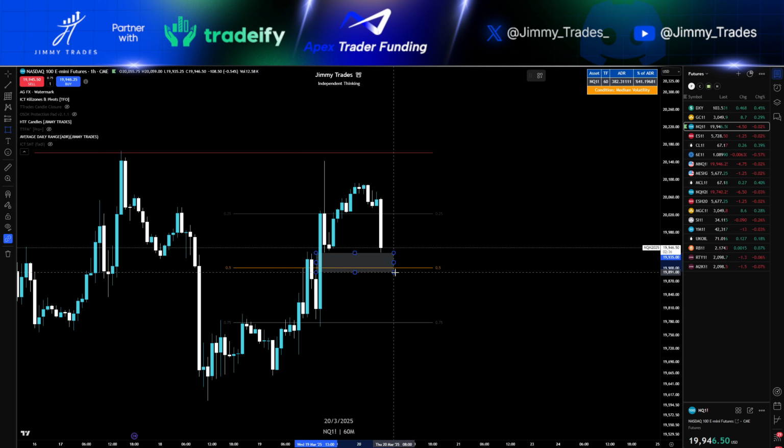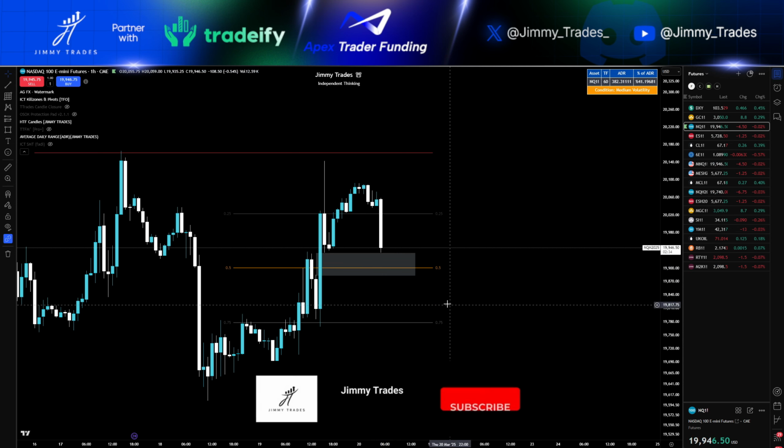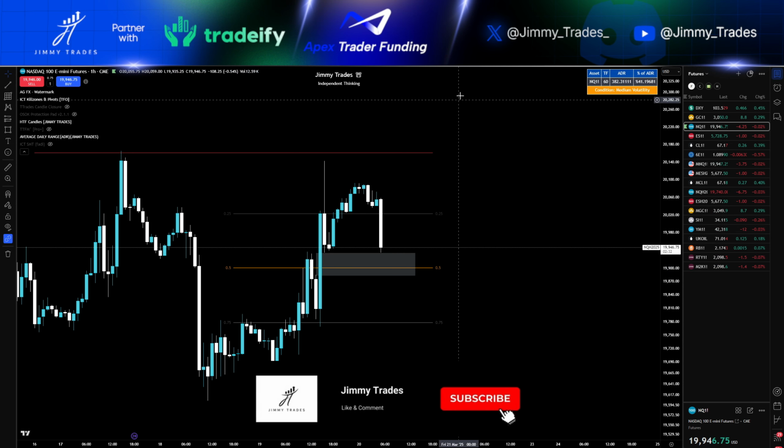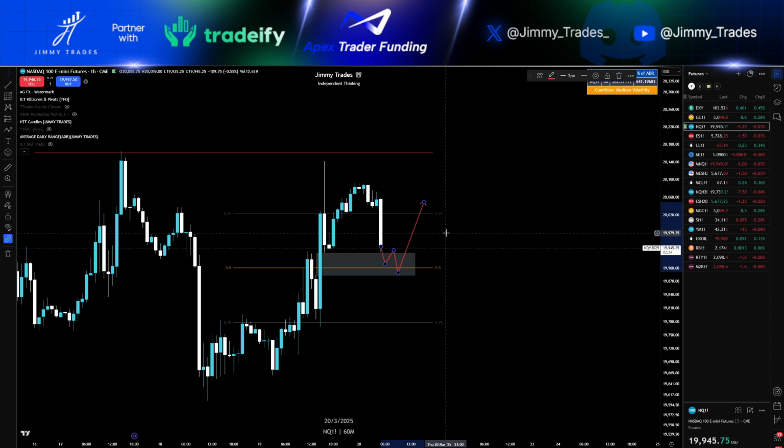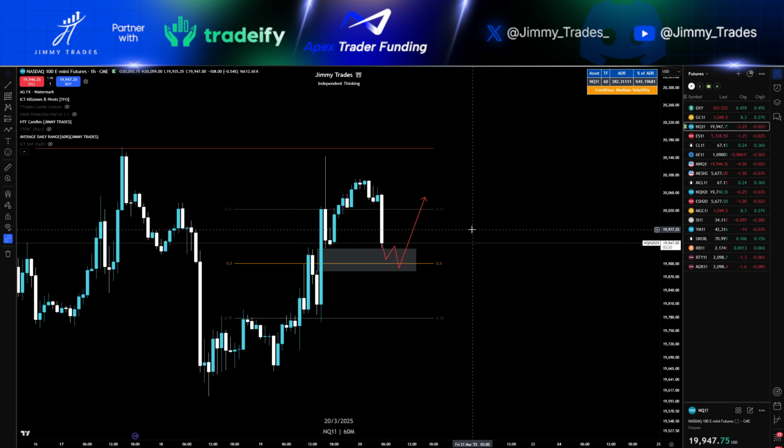This is where I'd love to see price engaged with. Come in here. We do still have a little bit of time until New York opens, so hopefully we'll get an opportunity to do something like this out of that 1 hour bullish FVG. We'll wait and see.